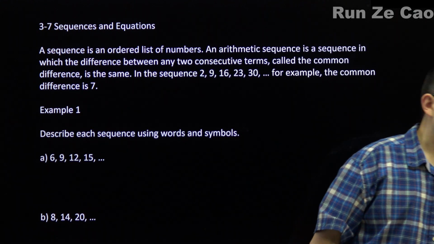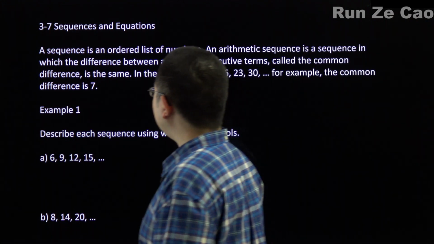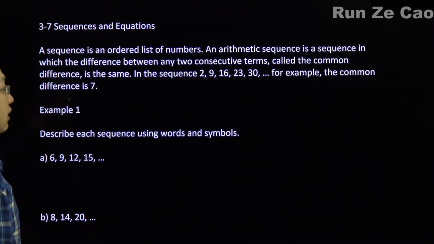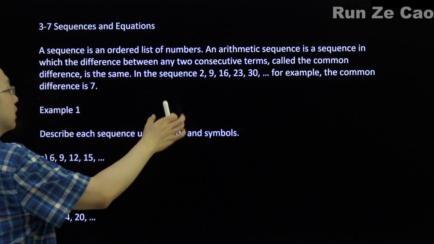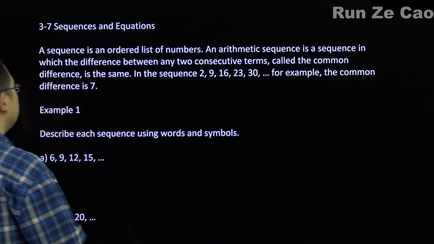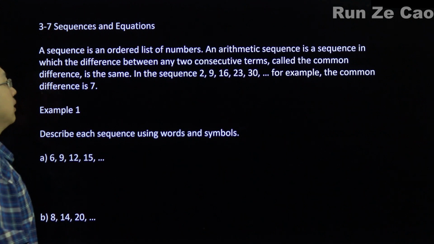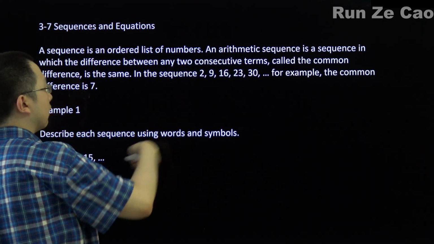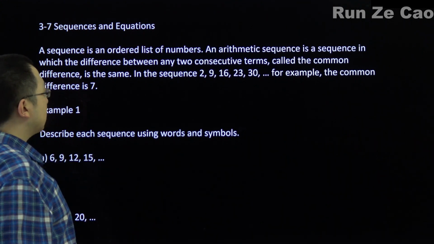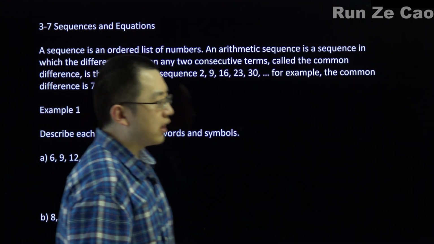Sequences and equations. A sequence is an ordered list of numbers. An arithmetic sequence is one where the difference between any two consecutive terms, called the common difference, is the same. For example, 2, 9, 16, 23, 30, the common difference is 7.